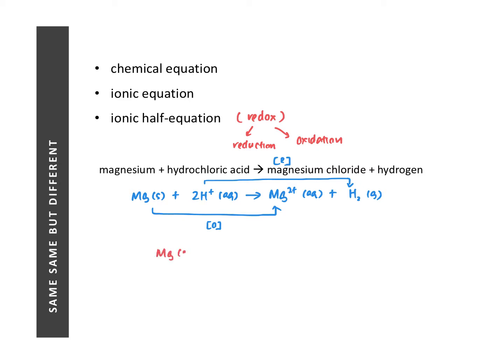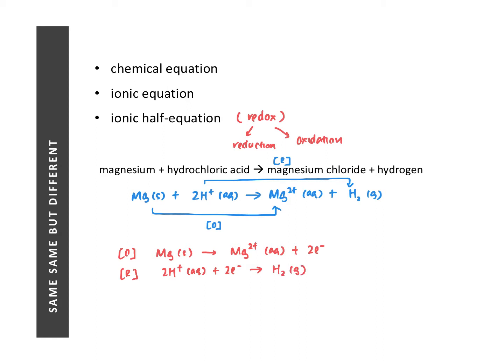So this is the oxidation half reaction where magnesium is oxidized to magnesium ions, and in the process it will lose 2 electrons. It will donate 2 electrons. If you can recall, when a substance loses electrons, it is oxidized. In the reduction half equation, we have the hydrogen ions taking in 2 electrons to form hydrogen gas.